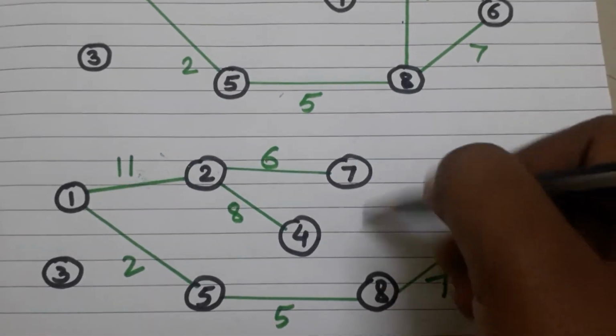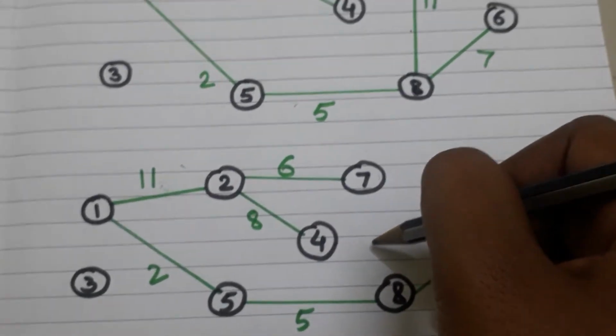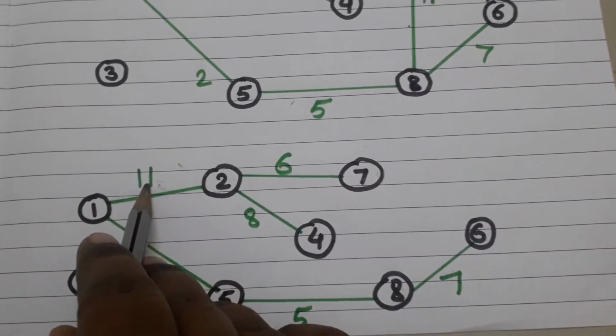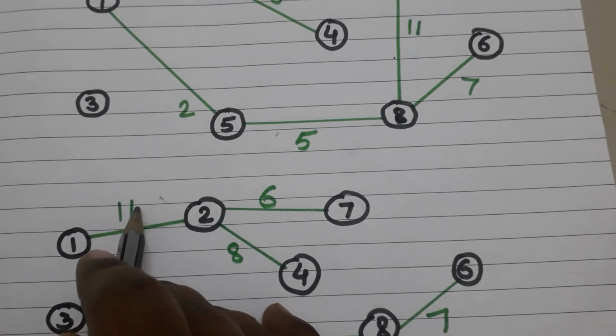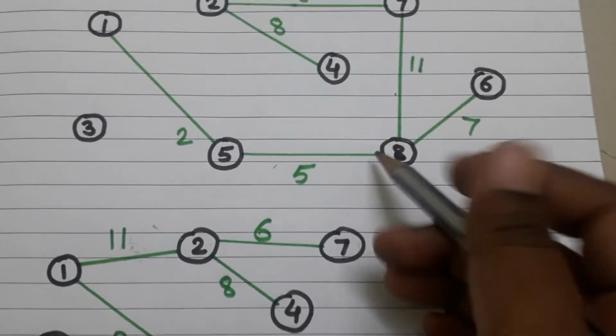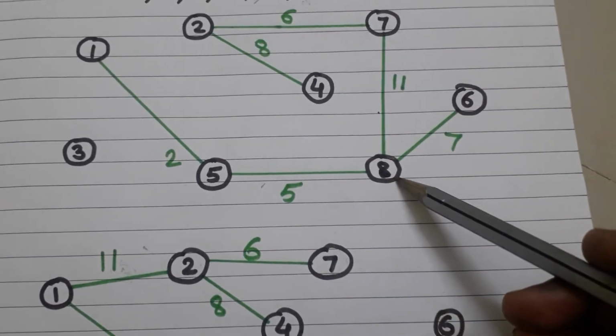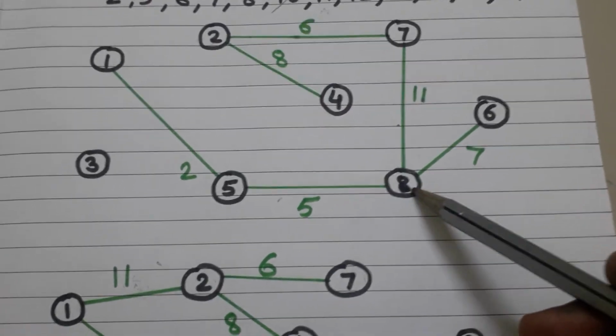Now if we draw 7 to 8 age, it will create a closed loop. So either from these two ages, we can select this age or this age. So any one age we will select. So in above diagram, we select this age from age 7 to 8 with weight 11.